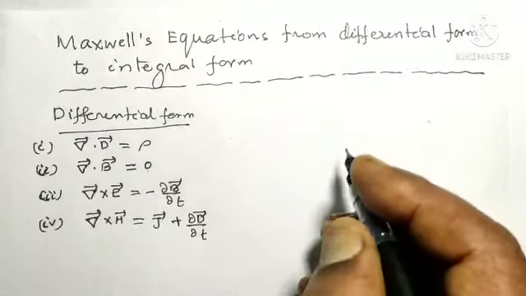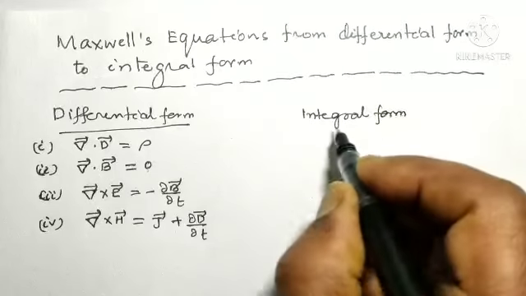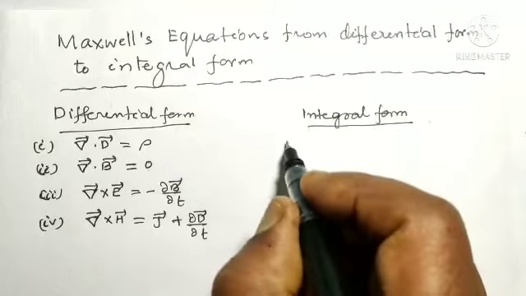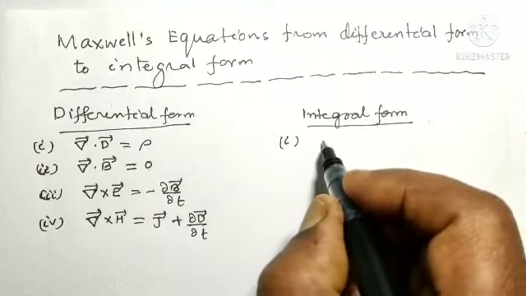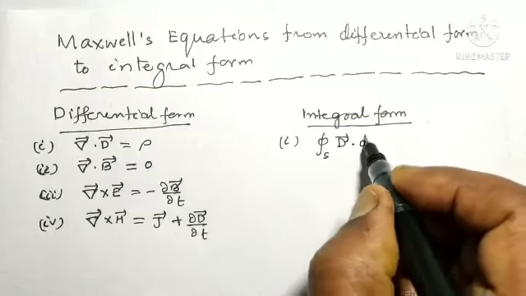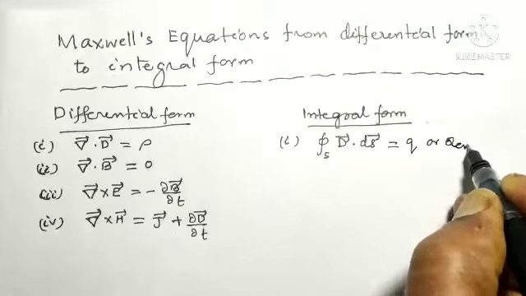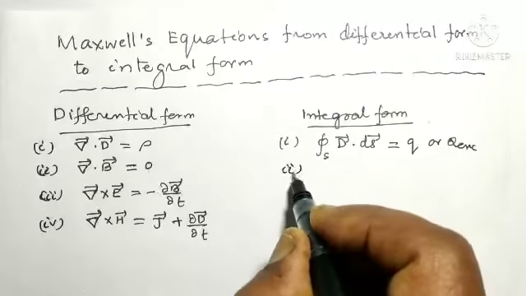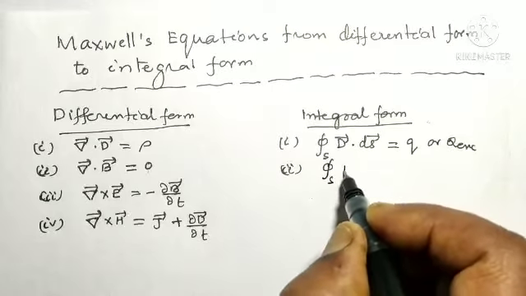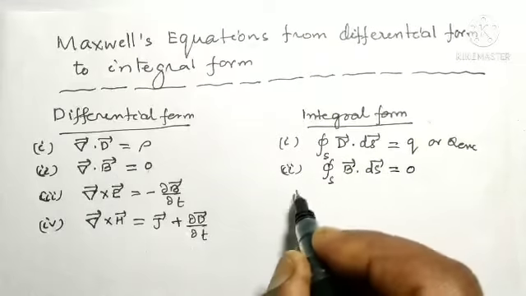So differential form can be converted into integral form by using Gauss divergence theorem and Stokes theorem. So divergence of D is equal to rho can be converted to surface integral of electric displacement, that is equal to Q, or you write Q enclosed. Second, divergence of B equal to 0 can be converted to surface integral of magnetic induction equal to 0.